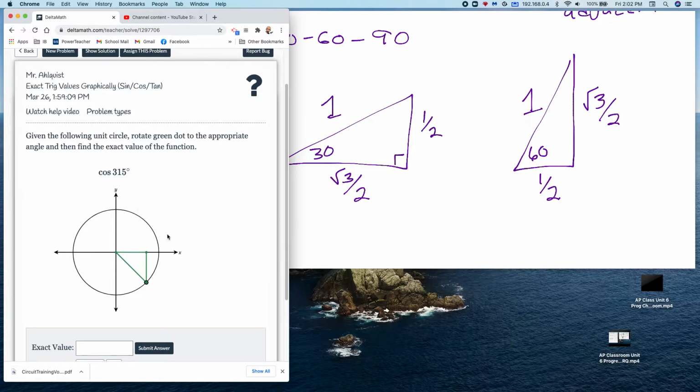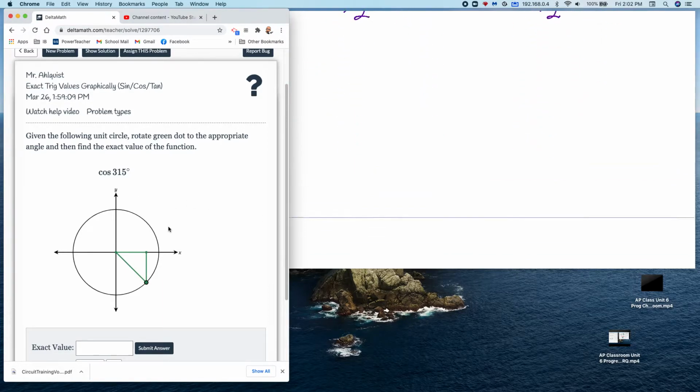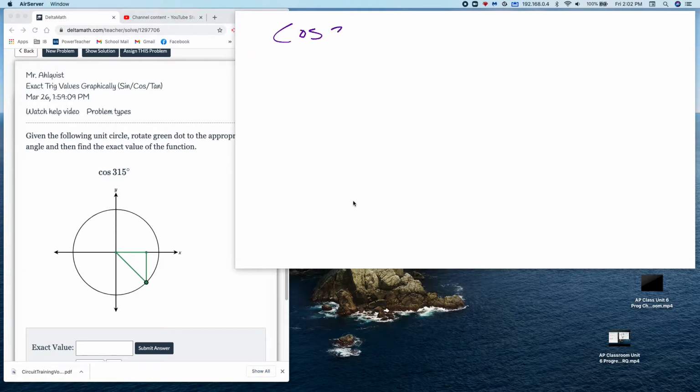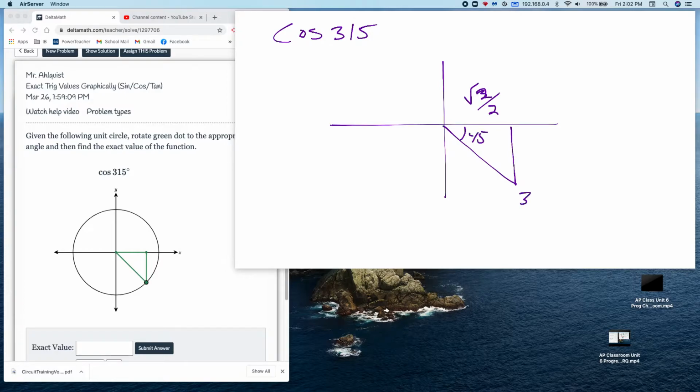And notice that when we draw this, the cosine of 315 is going to be drawn down here in this quadrant. This is the square root of 2 over 2, because this is a 45 degree angle, because this is 315, to go all the way around to there.